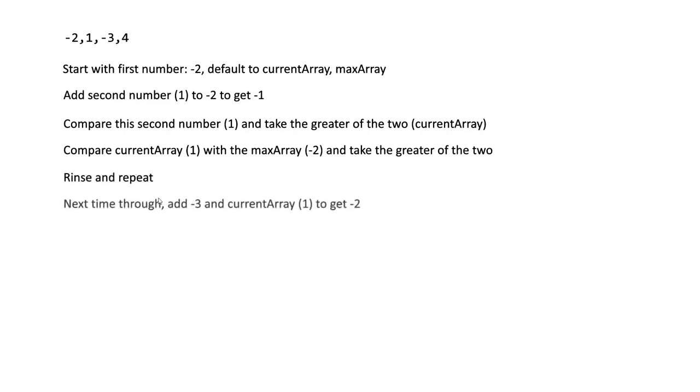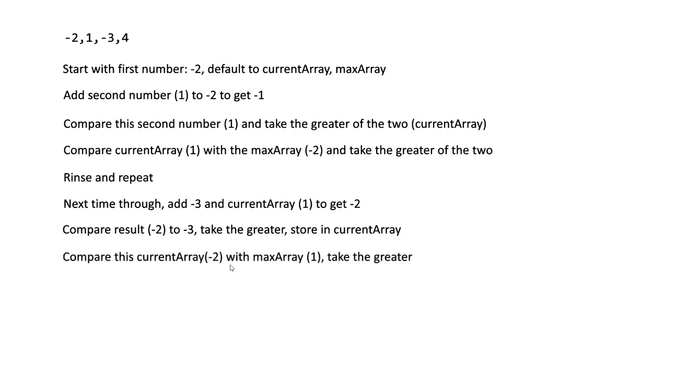And rinse and repeat. Next time through, we take -3 and add it to the current array to get -2. We're always adding the current number to the current array to see if it's going to be greater than just the number itself. We compare the result, -2, to -3, and we take the greater. So now the current array value is actually -2.